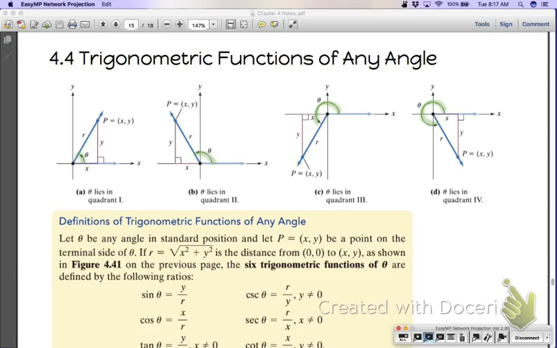Although we have the angle measurement, if we go all the way through to quadrant 4, where we have the angle of our triangle here in yellow, the actual angle we're dealing with, from here to here, is the green part. Does that make sense?